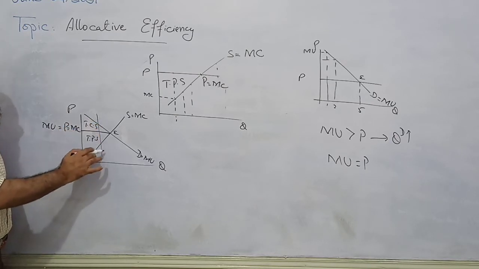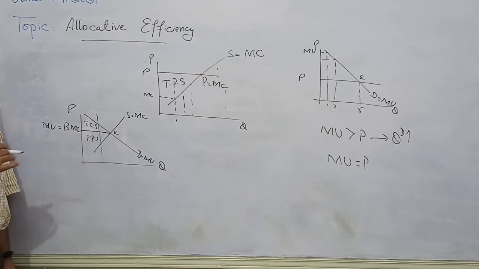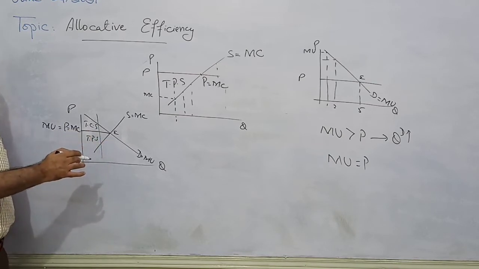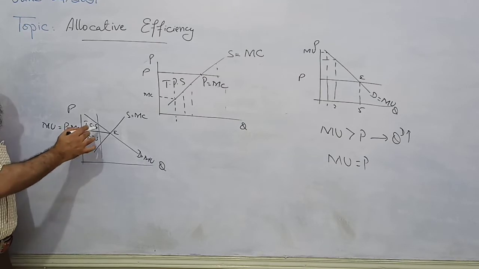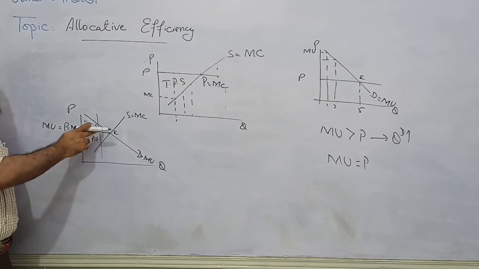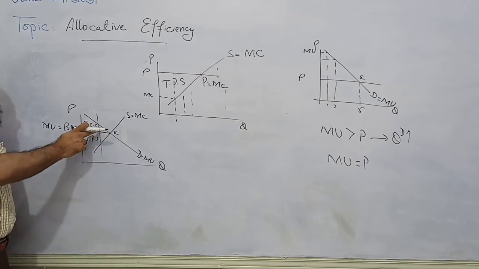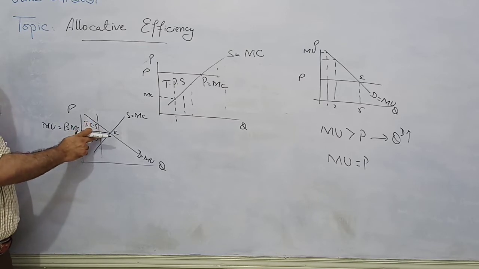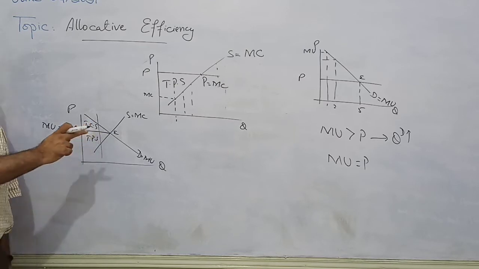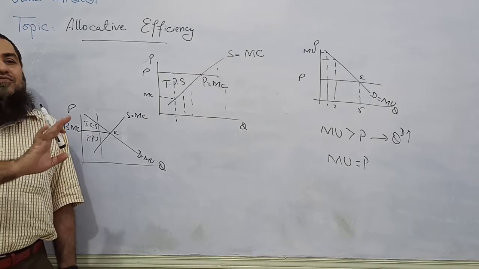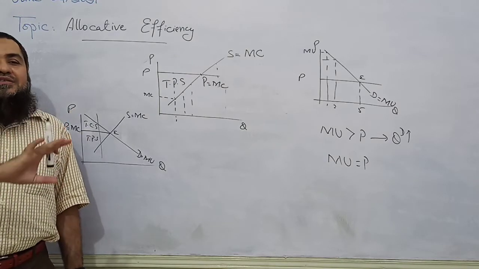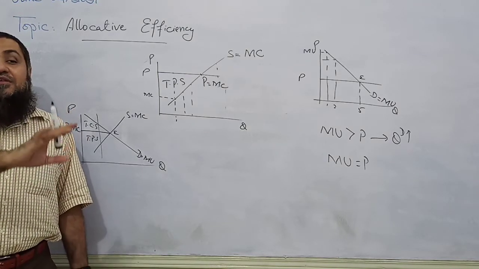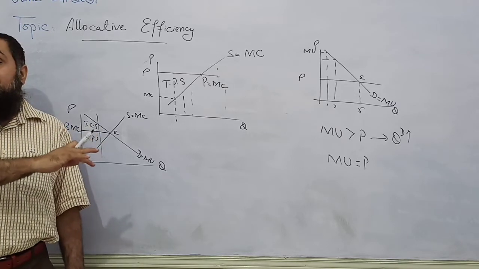If there is less production than this equilibrium, if less output is produced or supplied, what happens? This is called what? Deadweight loss, if you remember. This is the consumer surplus loss, this is the producer surplus loss, and we can say the market is not working efficiently because there are welfare losses of both consumers and producers.